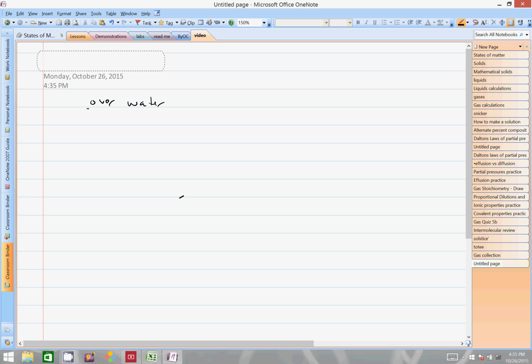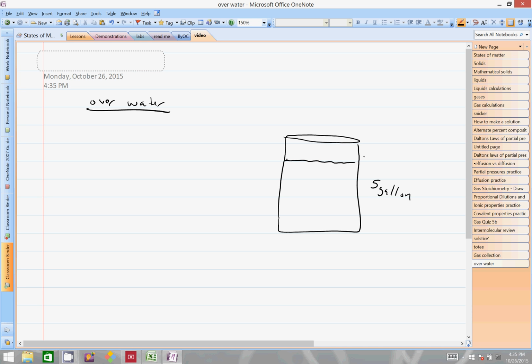is pretty common. So we might do this type of situation where, let's say, we have a tube. This is what we will do in lab. Okay. And I usually use a 5-gallon bucket moderately full of water.